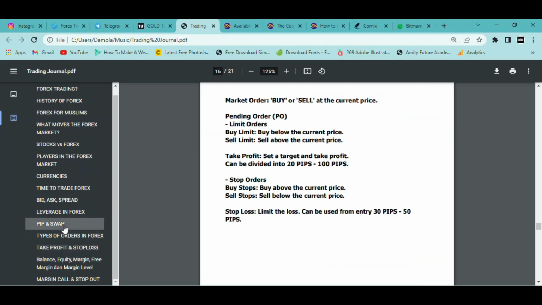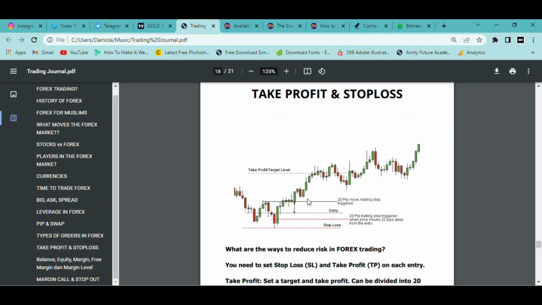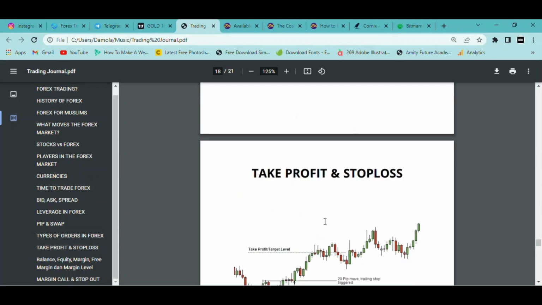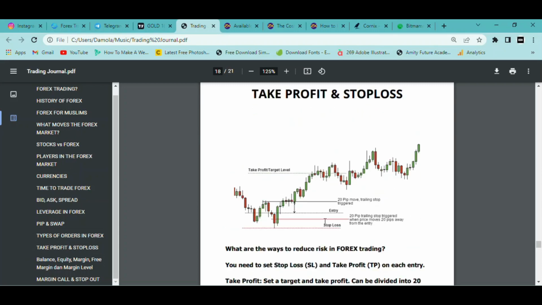So for now let's talk about take profit. What is take profit? Let's assume you enter the market, or let's assume you're a trader and you want to buy something.